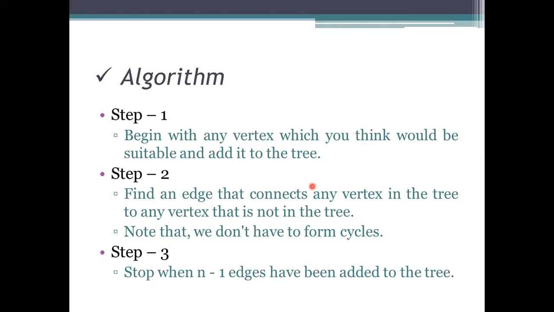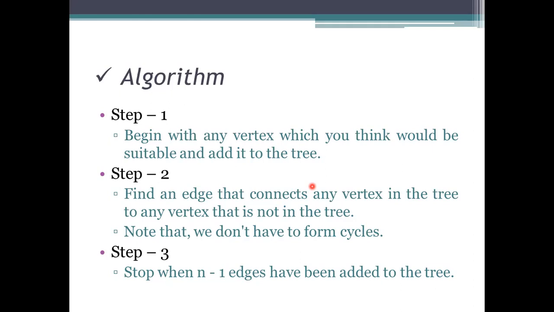So here it consists of multiple edges, and from those we pick one, and we need to repeat this step until the number of edges is equal to n minus 1.